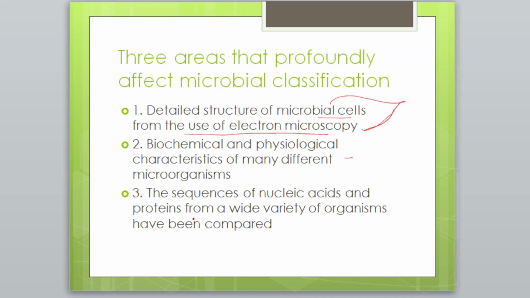And third and last, the sequences of nucleic acids and proteins from a variety of organisms have been compared. That means the nucleic acids of microorganisms, plants, animals, and many other organisms have been compared. This has made microbial classification slightly complicated and confusing.